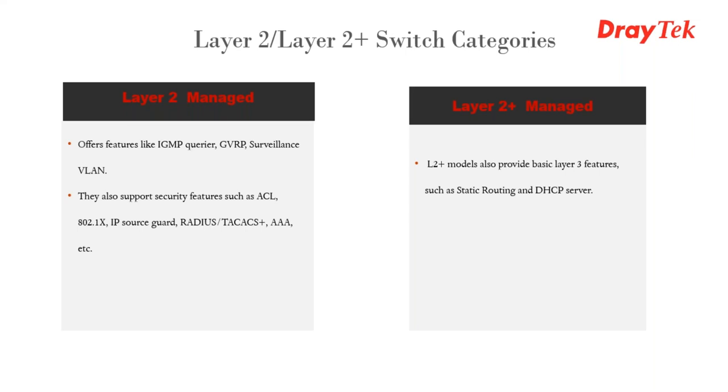The Layer 2 Plus managed switches offer some Layer 3 features such as static routing and DHCP server. In addition to the Layer 2 managed features, the Layer 2 Plus switches can improve network performance by taking the load off the routers.